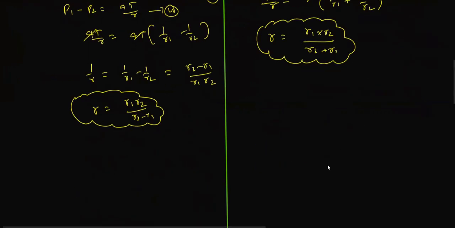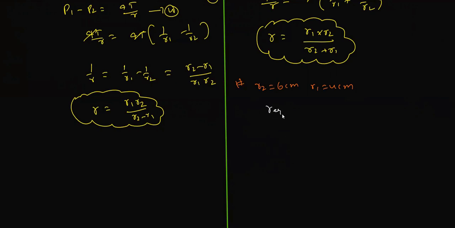You just have to remember that. I told you about one question they asked in JEE 18, let me give you that question. The outer radius is given as 6 centimeters, and the inner radius is given as 4 centimeters. Then calculate R equivalent. It's easy to find.